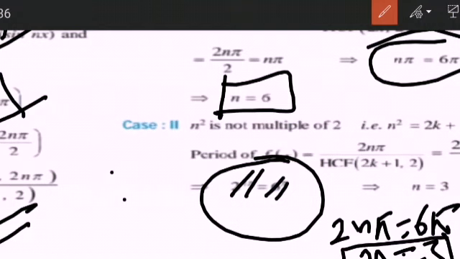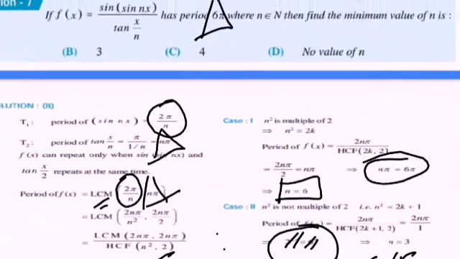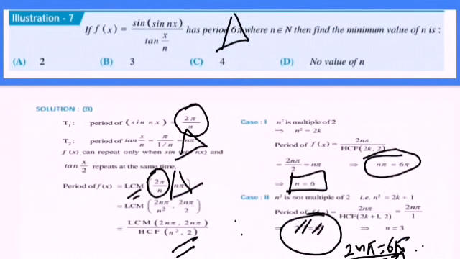So n equal to 3 is the solution over here, and n equal to 6 when it is a multiple of 2.